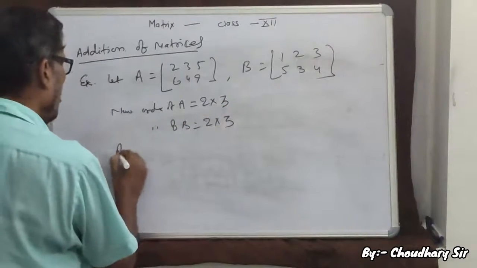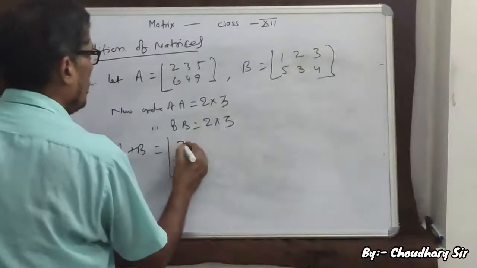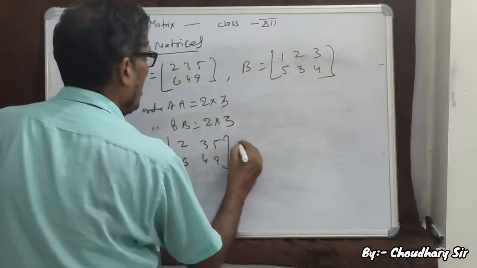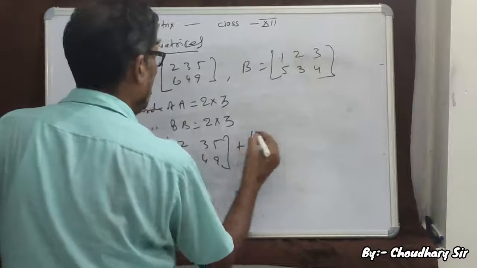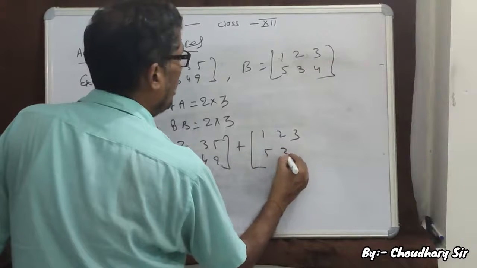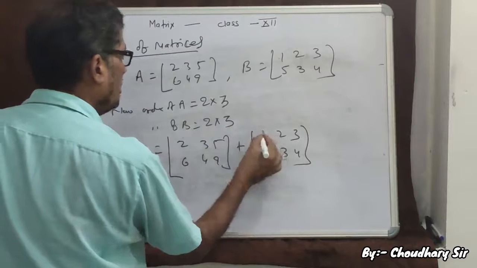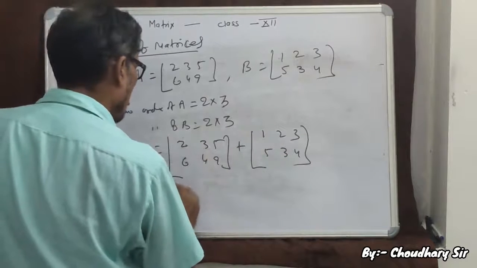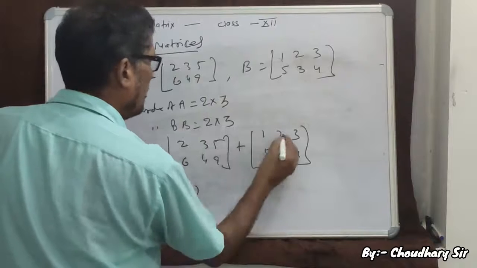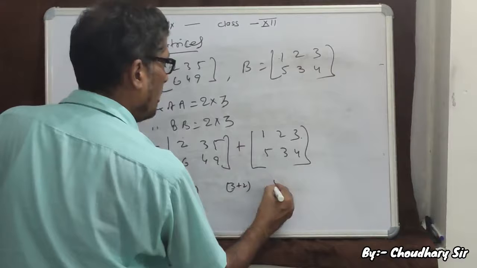Therefore, A plus B matrix must be equal to A, which is 2, 3, 5, 6, 4, 9, plus B, which is 1, 2, 3, 5, 3, 4. So add each element with the corresponding element. A plus B equals 2 plus 1, 3 plus 2, 5 plus 3.